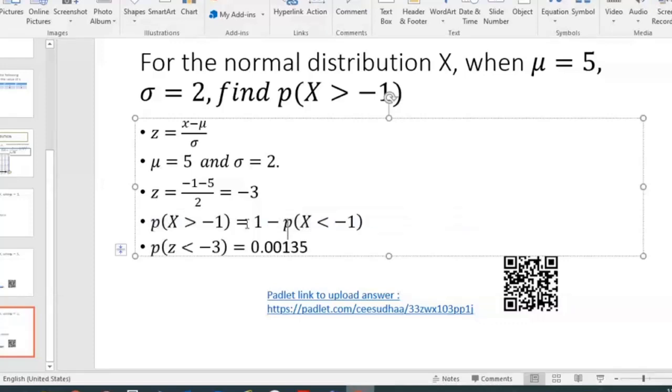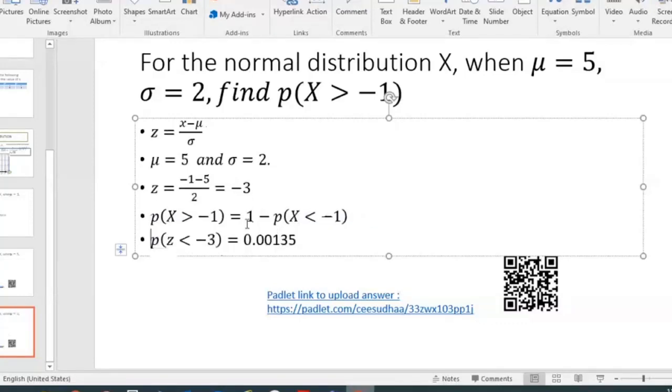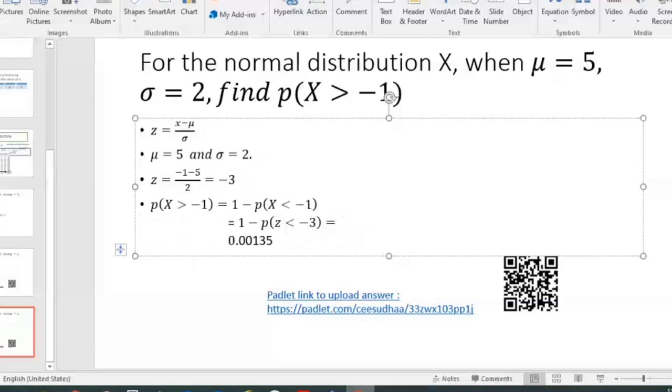Don't worry about equal to, because this is large data, so equal to will not make any change. Therefore, if it is coming greater than, just convert it into less than. So then it is going to be 1 minus the probability of z less than minus 3, which is 1 minus 0.00135.